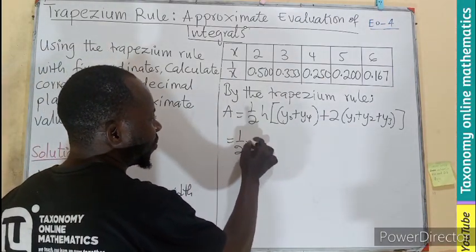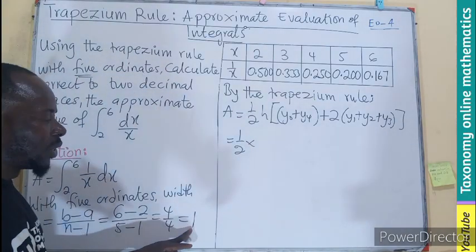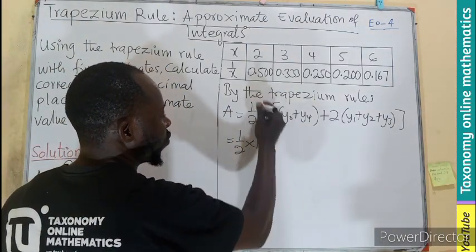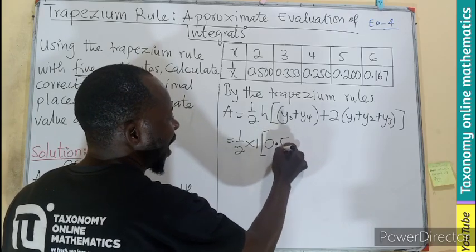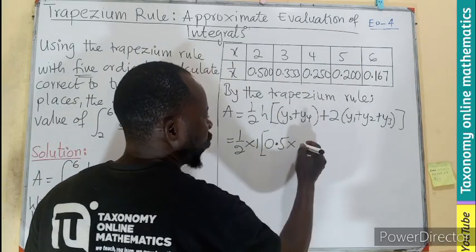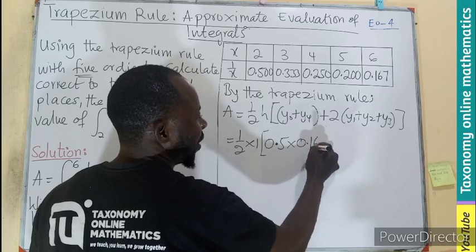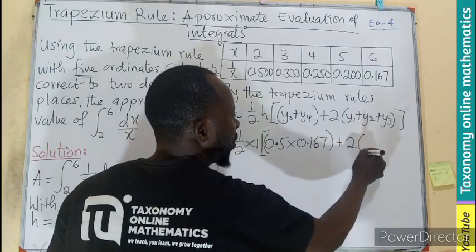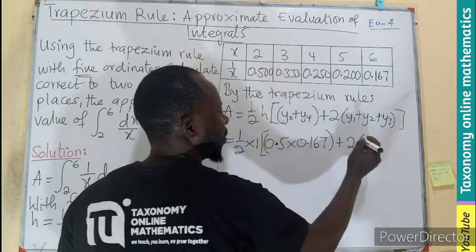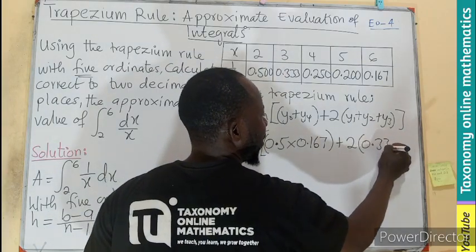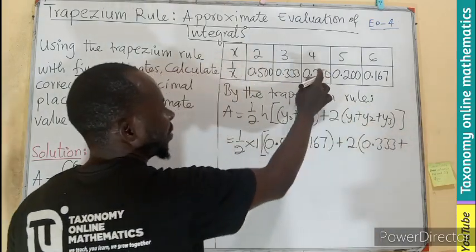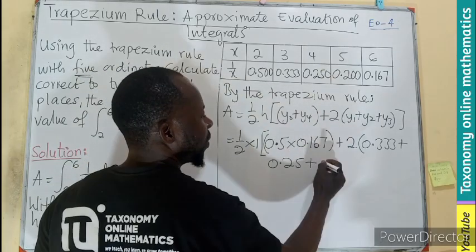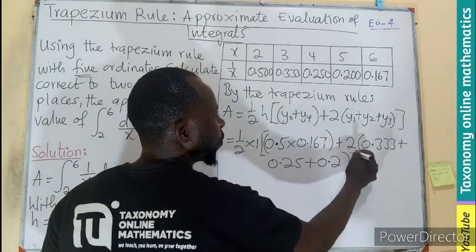That will be half times h, and what is h? h is 1, times the first one, 0.5, plus the last one, 0.167, plus 2 times this: 0.333 plus 0.25 plus 0.2.